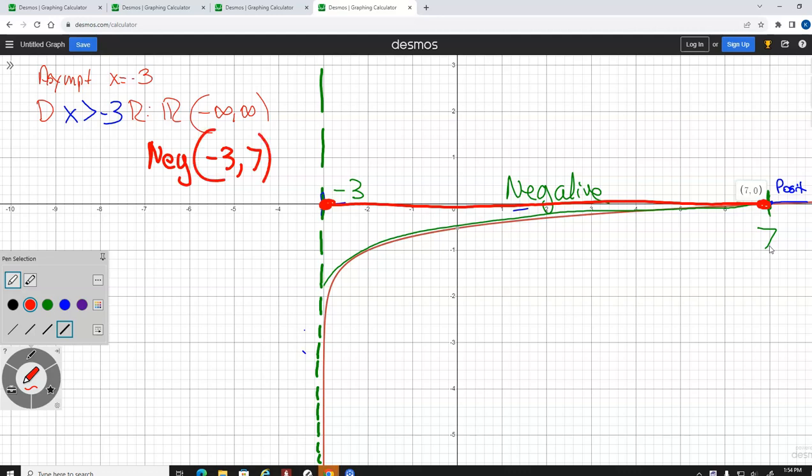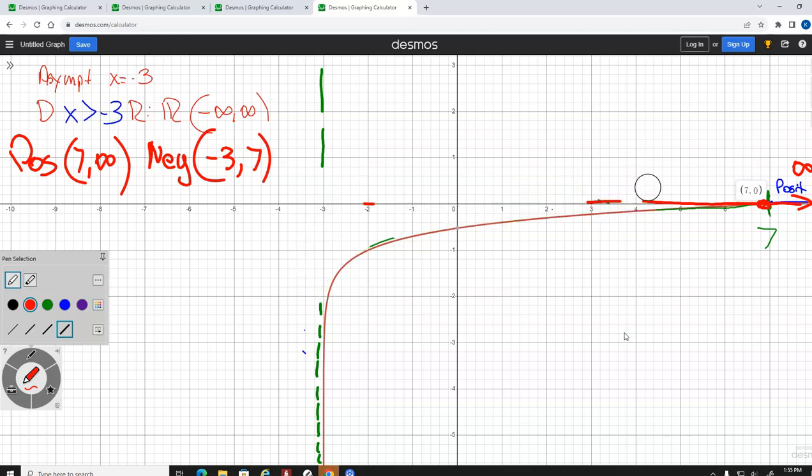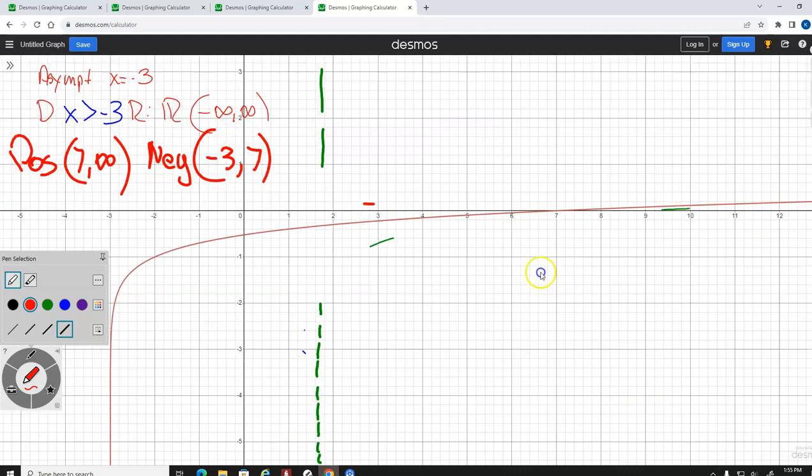Okay, now positive numbers are going to go, and I can again move that a little bit. Positive numbers are going to be going from 7 toward positive infinity. Okay, because they will not have an ending. So from 7 to positive infinity. Okay, because again, if I erase that right here, I'll show you guys, because I've got to move the function a little bit. We can move the function this way.